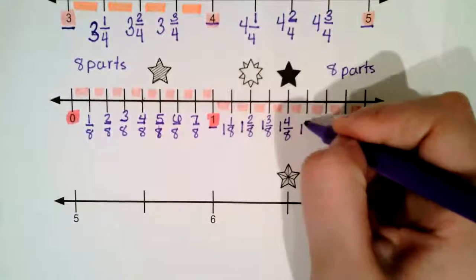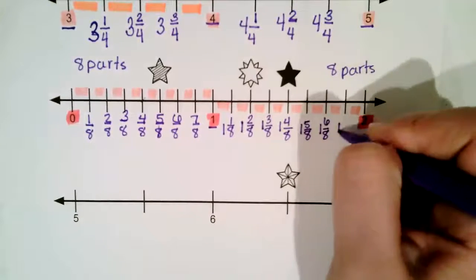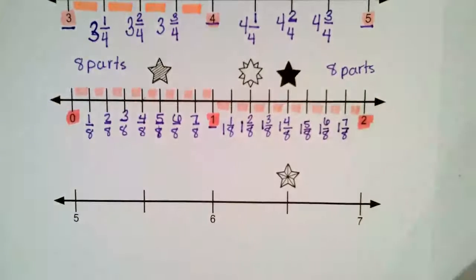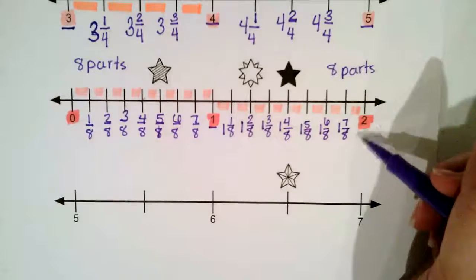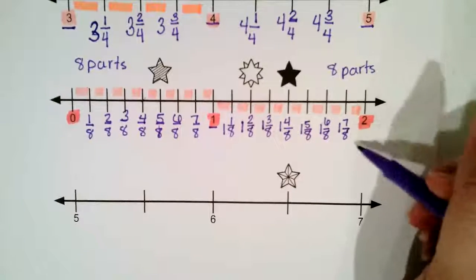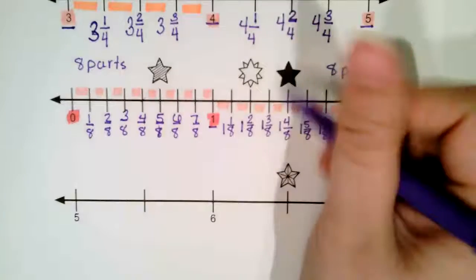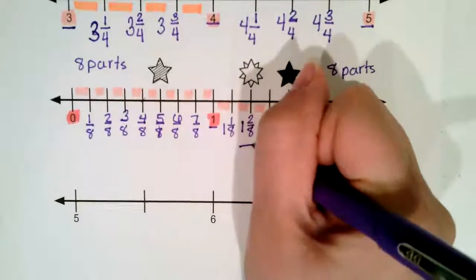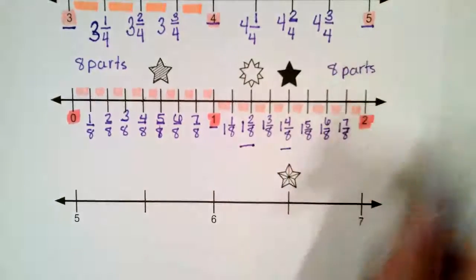I have 1 and 5/8, 1 and 6/8, 1 and 7/8. And then this would not be 1 and 8/8. This is going to be 2. So my stars are at 1 and 2/8 and 1 and 4/8.